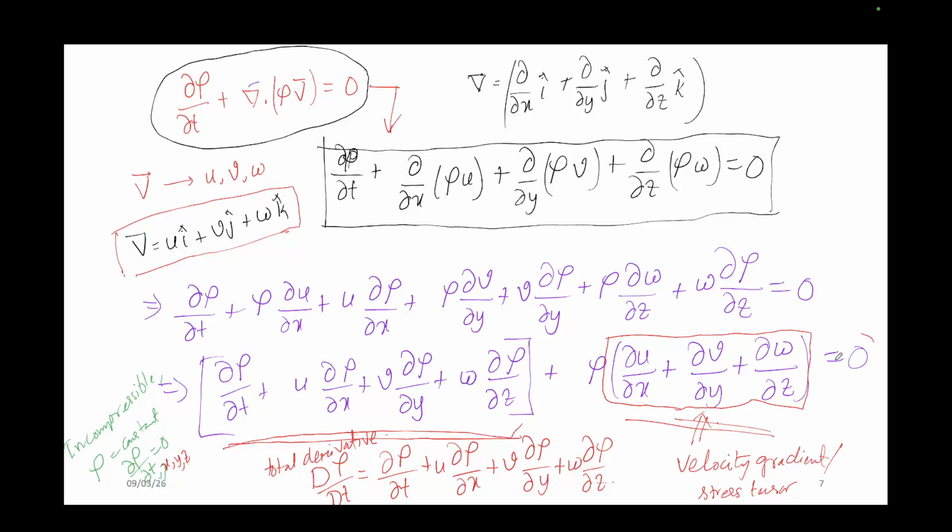or in the question it can be given this way: v equal to 2x i cap plus 2y j cap plus an unknown w k cap. In the question I say it is an incompressible fluid. So what should be the value of this unknown w? Can you find it or not? I'll show you an example.